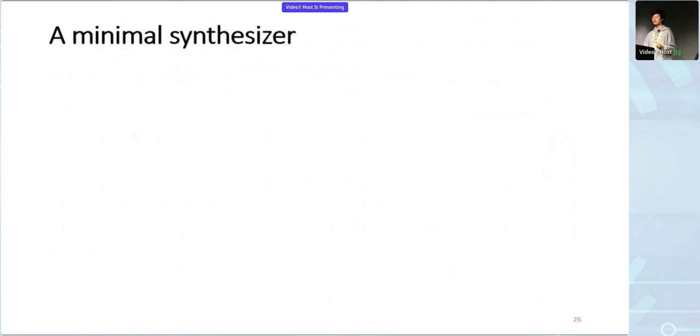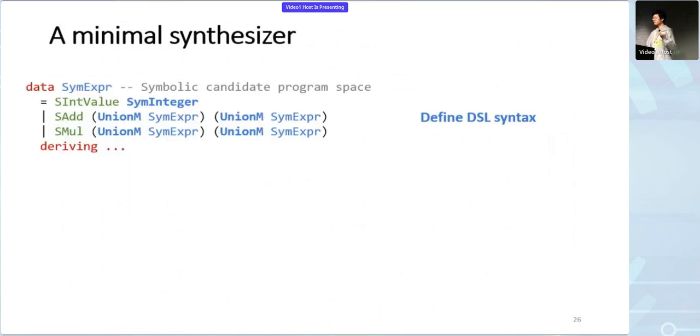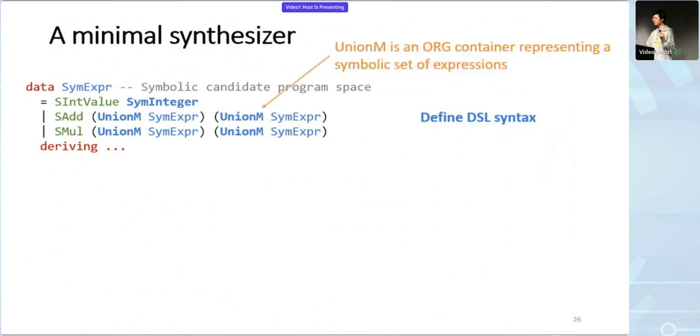To build the synthesizer, we first define the DSL and the program space representation. This definition looks like an expression type, but there are some key differences. For the SInt value, instead of using the concrete integer type, we choose to use the symbolic integer type to let the solver fill it in. And for the SAdd and SMul, the sub-expressions are defined using this UnionM generic container.